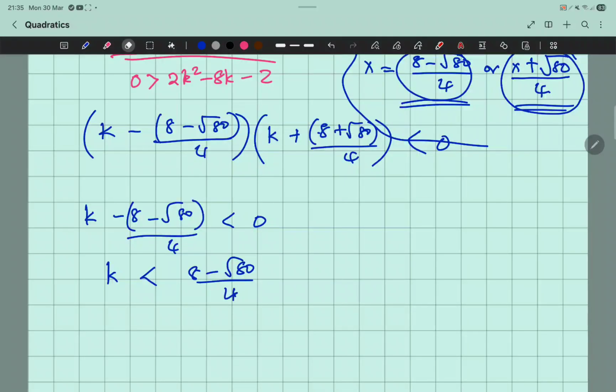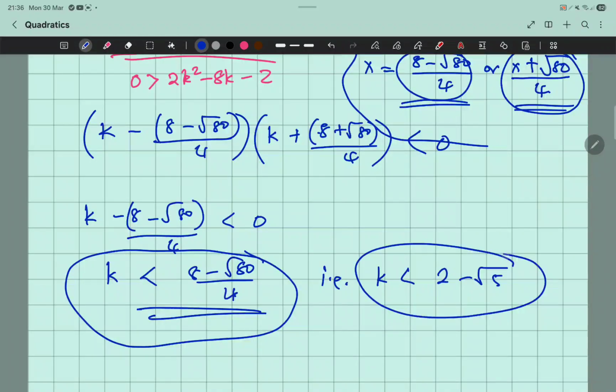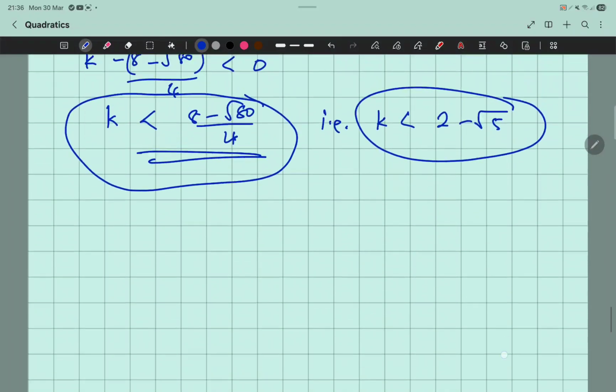Pardon my mistakes. Then this is the first set of values. It can be further simplified too. So if you simplify this, it becomes k is smaller than 2 minus root 5. So this is the first set of values.